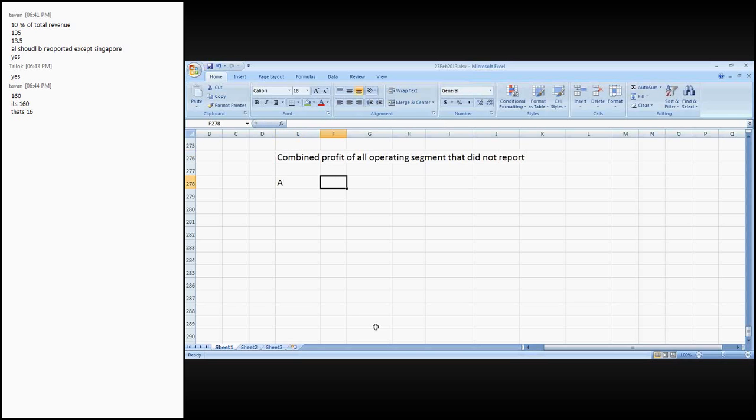Suppose the operating segments are A, B, C, D, E, F, G, H. What will be the combined profit of all operating segments that did not report loss?